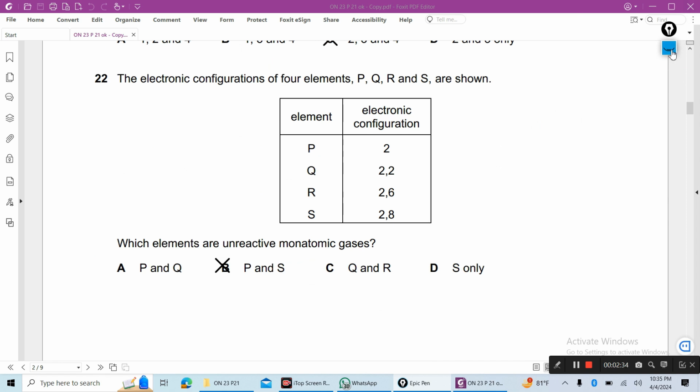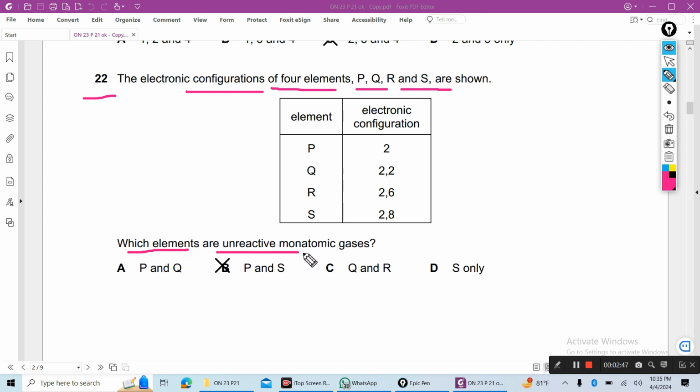Now number 22. The electronic configurations of 4 elements P, Q, R and S are shown, and which elements are unreactive monoatomic gases, meaning noble gases? This P, helium, is monoatomic and unreactive.